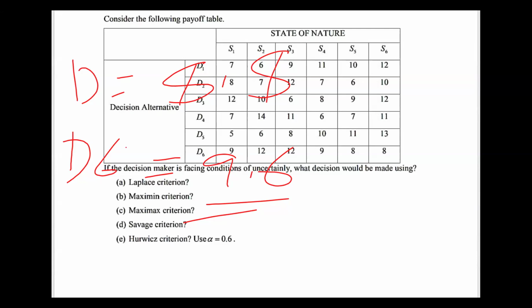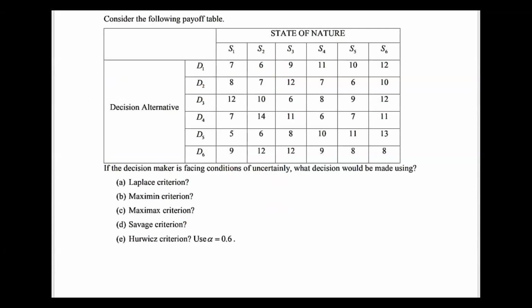So the most important thing to take home is you always move along the decisions when you're dealing with the Laplace score. In case your table is inverted, that is to say the decisions are on top, for example you find decision 1, decision 2, decision 3, decision 4, decision 5, and decision 6, then these become the states of nature.